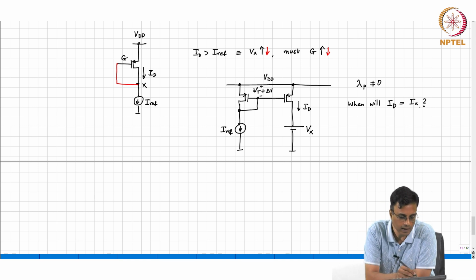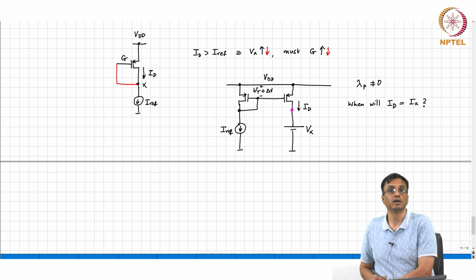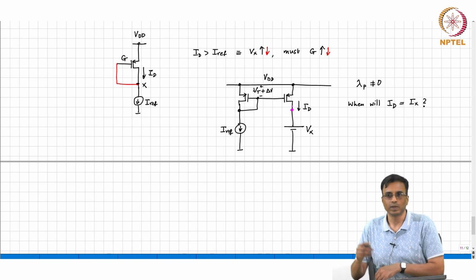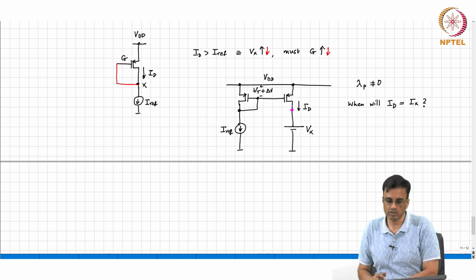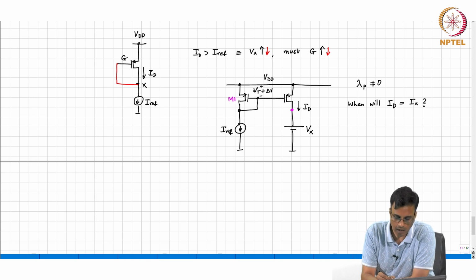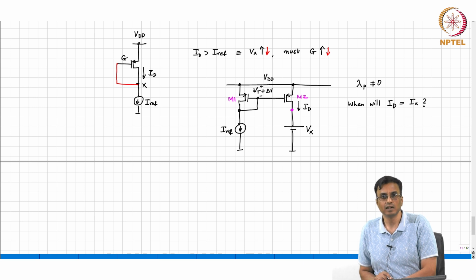So, the two will be exactly the same only when the drain potential of the PMOS transistor on the right, that is M2, is exactly the same as the drain potential of M1.